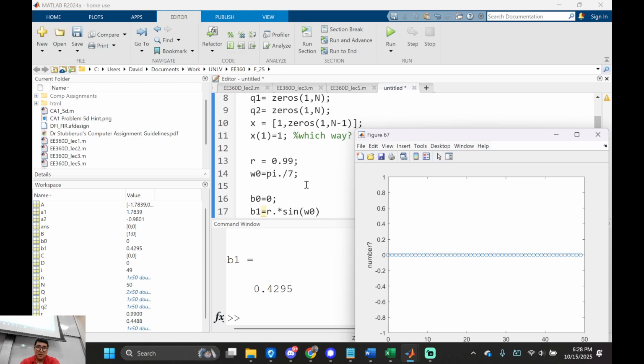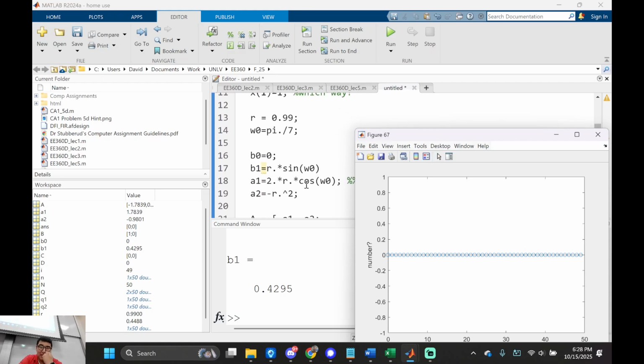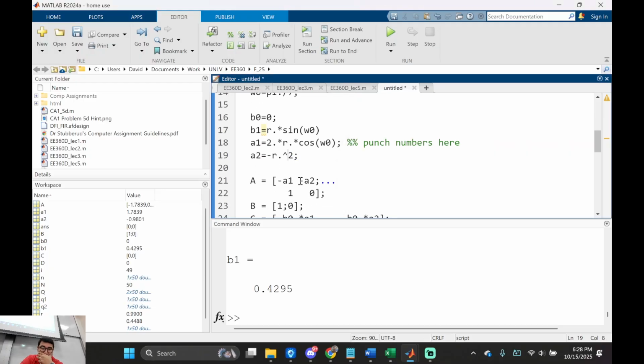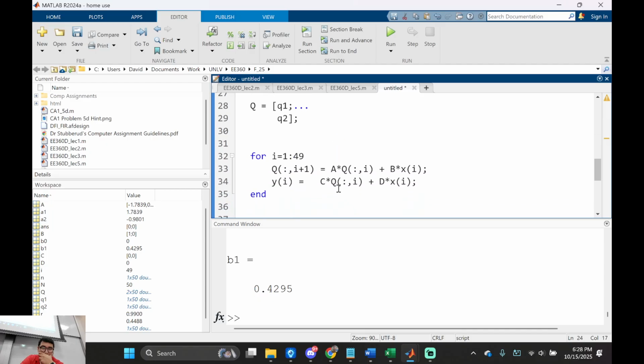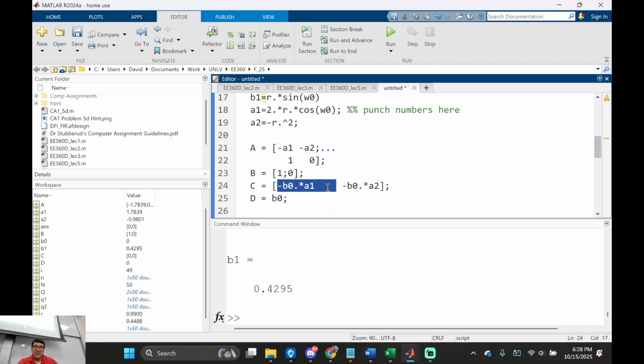Where did we go wrong? R is equal to 99, B is equal to 0. What was our B0? Hold up. Did I do this right?